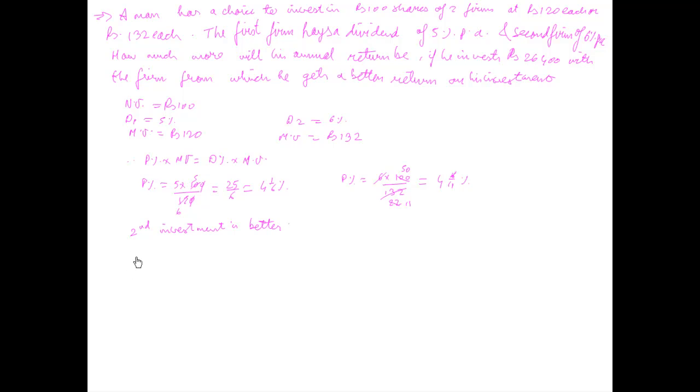Now children, for the next part, how much more will his annual return be if he invests 26,400 with the firm from which he gets a better return? How much more? We need to calculate the dividend in both cases. Dividend in the first case is D% upon 100 into nominal value into number of shares, which is 5 upon 100 into 100 into 26,400 upon 120.